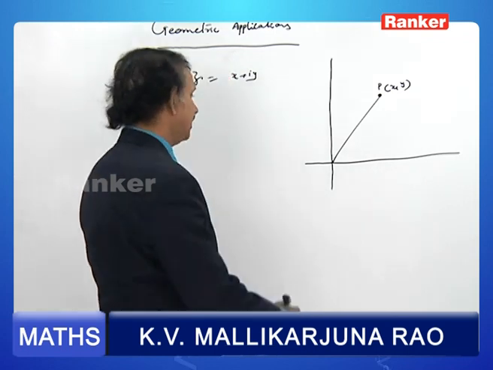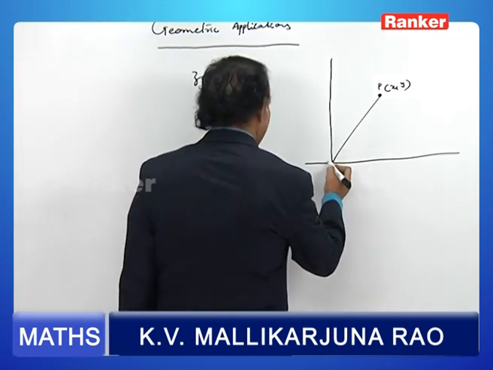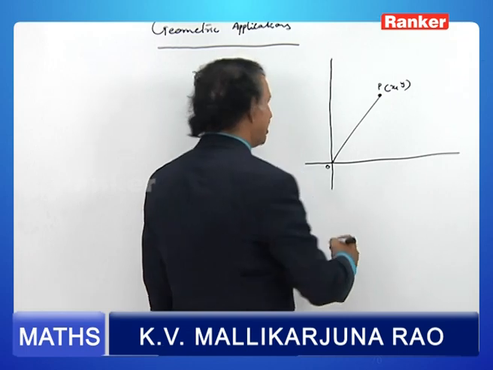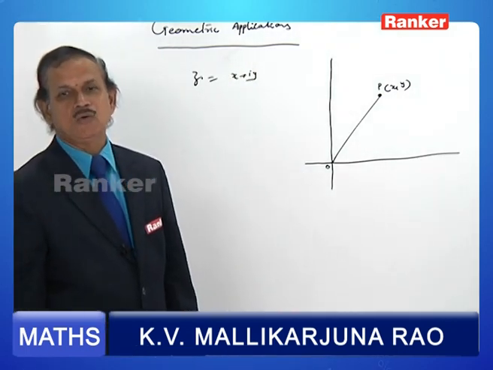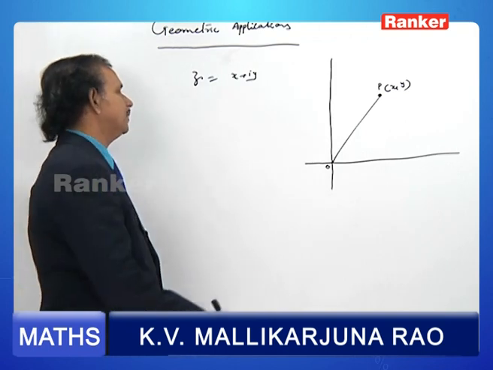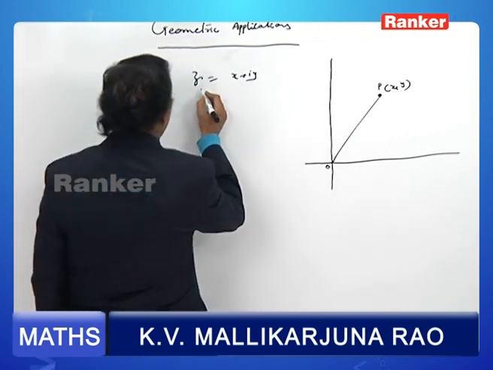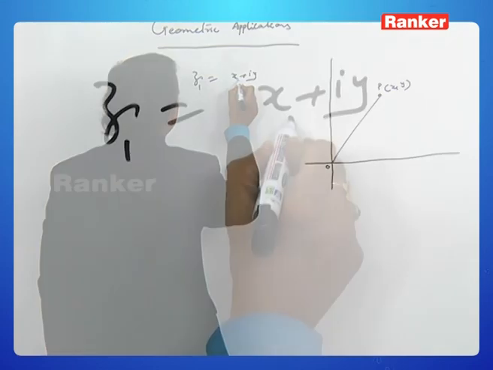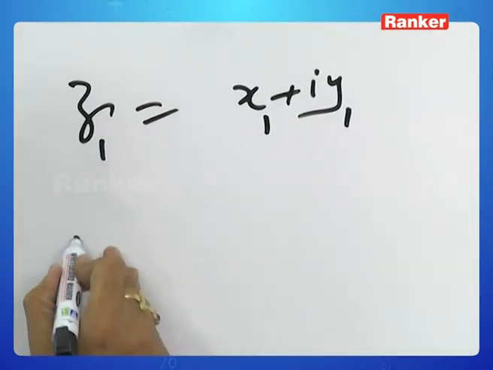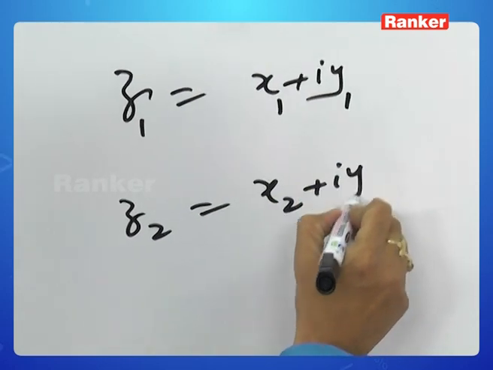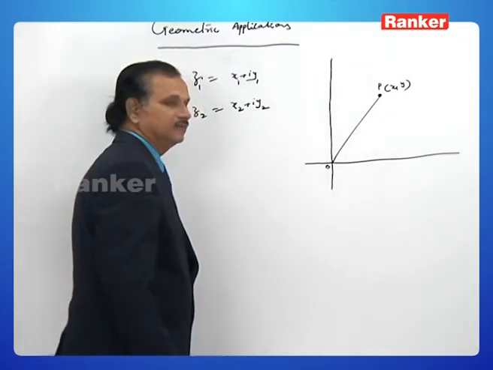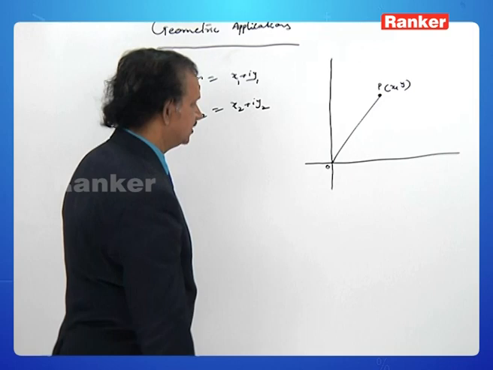And moreover, the complex number z corresponds to the vector OP bar. Let me write z1 is equal to x1 plus iy1 and z2 is equal to x2 plus iy2. There are two complex numbers.